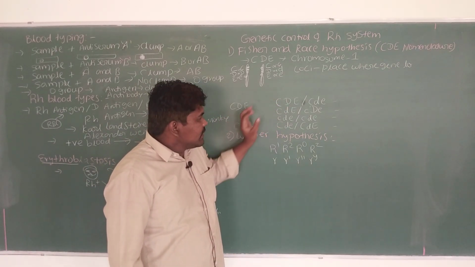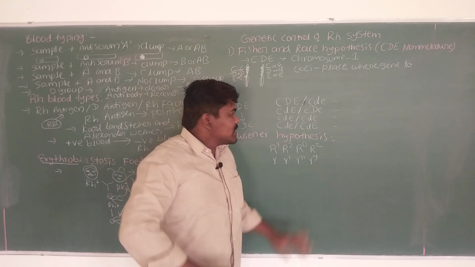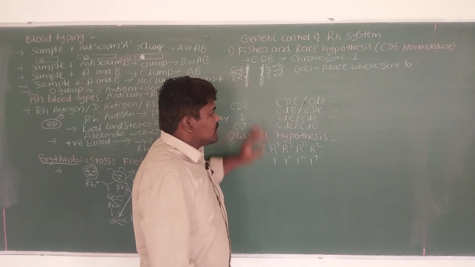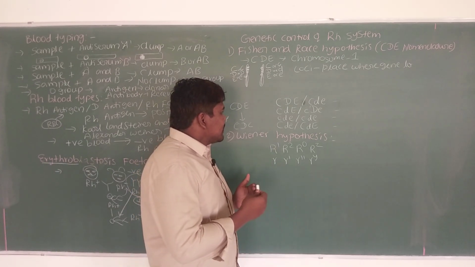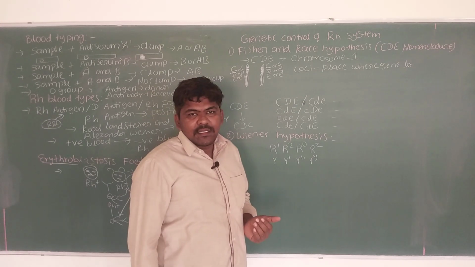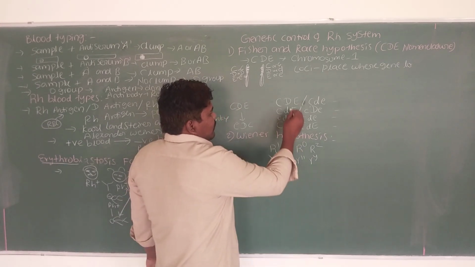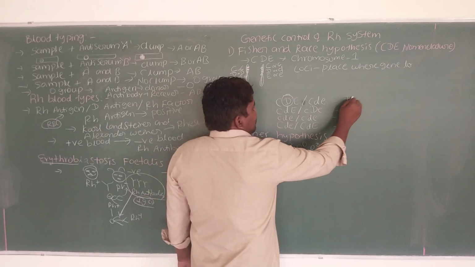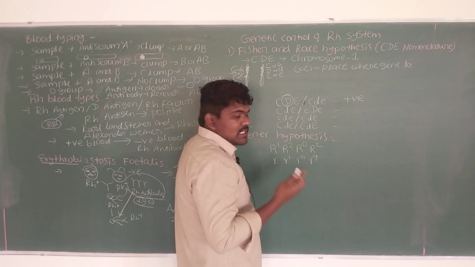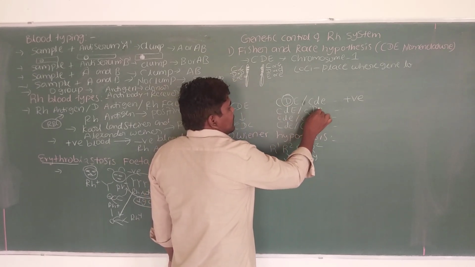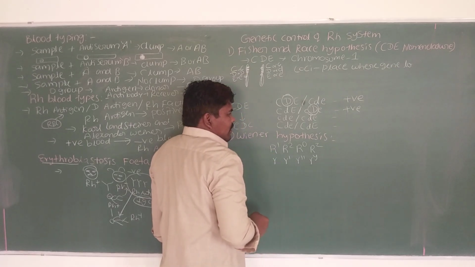Here we have to see about the D. When capital D is present in the genotype, it belongs to the positive blood group; when capital D is absent in the genotype, it belongs to the negative blood group. Here one capital D is there, hence positive blood group means Rh antigen is formed. Then here one capital D is there, positive blood group, Rh antigen is formed.